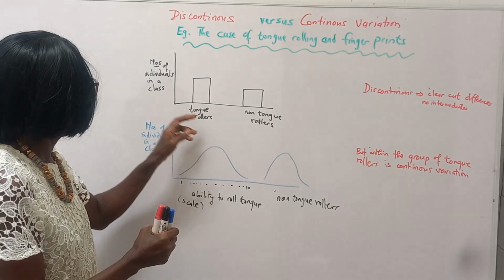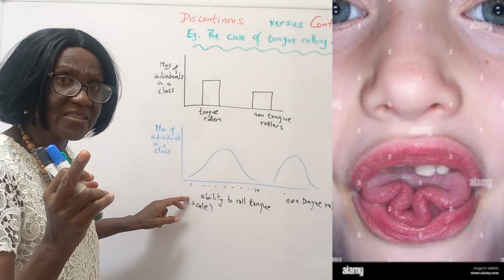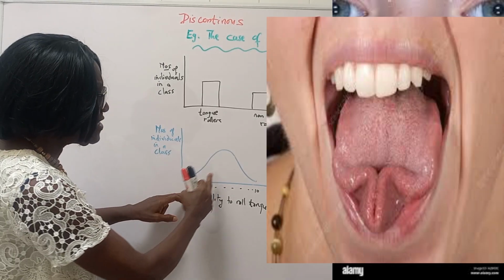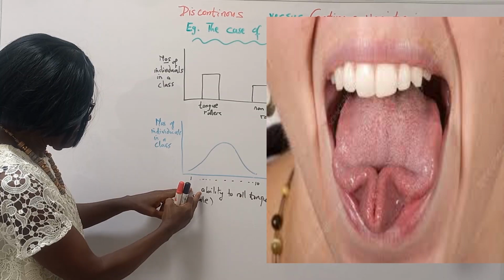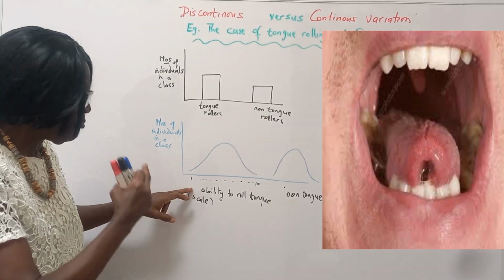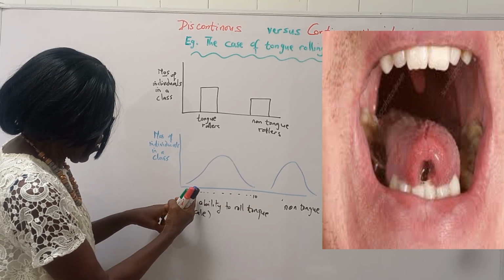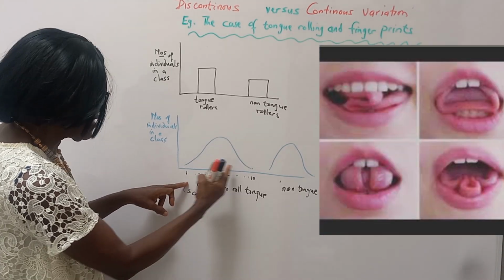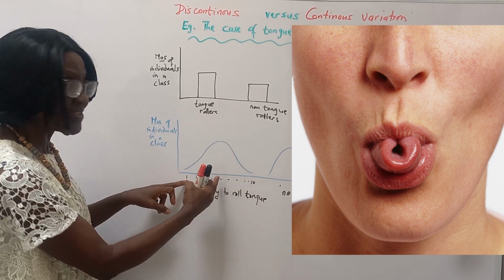But within the group of tongue rollers, no two tongue rollers are the same. So within the group of tongue rollers is continuous variation. If there's ability to measure how much the rolling goes on, we will have a smooth gradation from one extreme to another of tongue rollers.